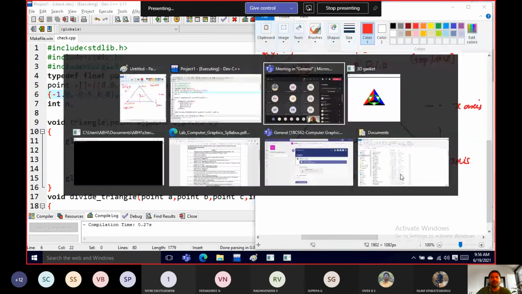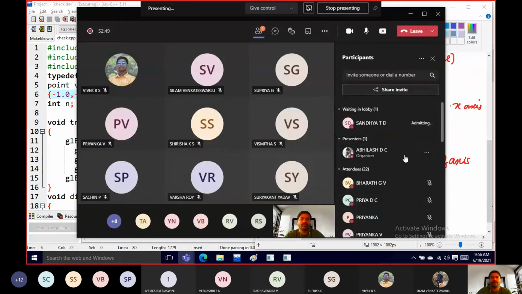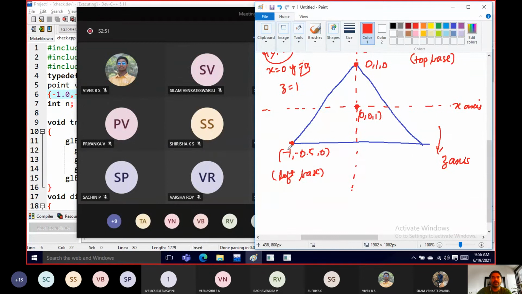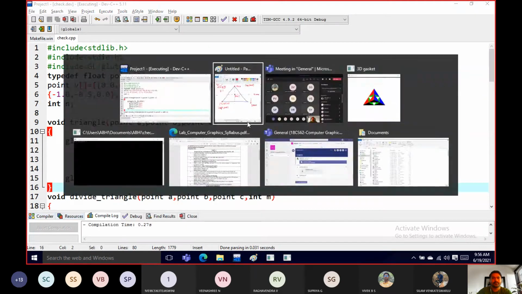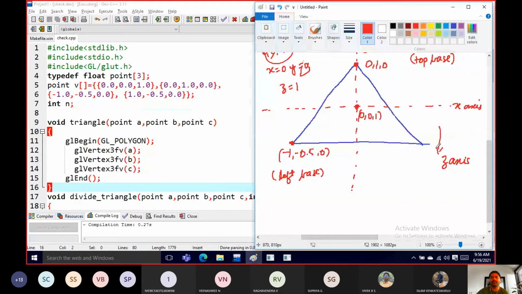What about the other value? The other value is pretty simple. Anybody want to take a guess? Which side of x is it? Positive x, sir. Yes, positive x, so 1.